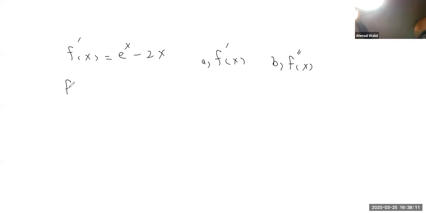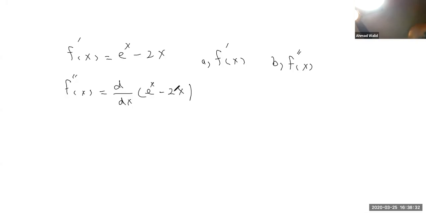Now, f double prime x equals d over dx of e to the x, I'm sorry, e to the x, not ex, minus 2x.